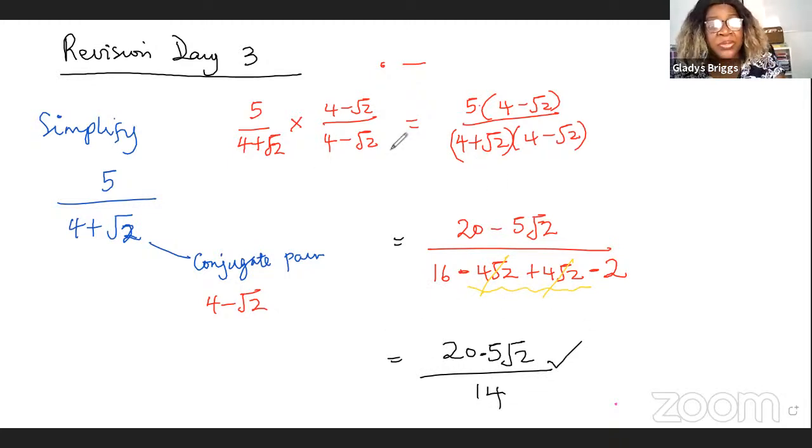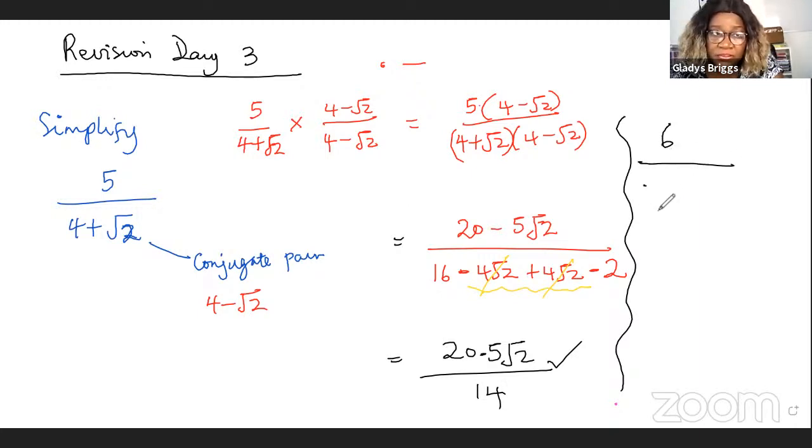Yeah, so that's how you do it. So that's how you simplify stuff like this. So you guys have a go at this one for me. Okay, I hope you know what you have to use now to eliminate the bottom number. You have to use the same thing, but you change the sign to the opposite sign, yeah?